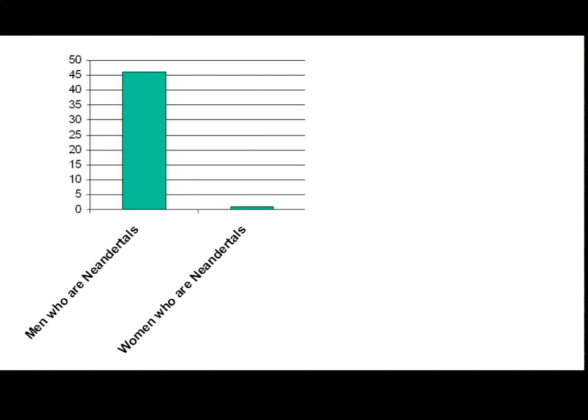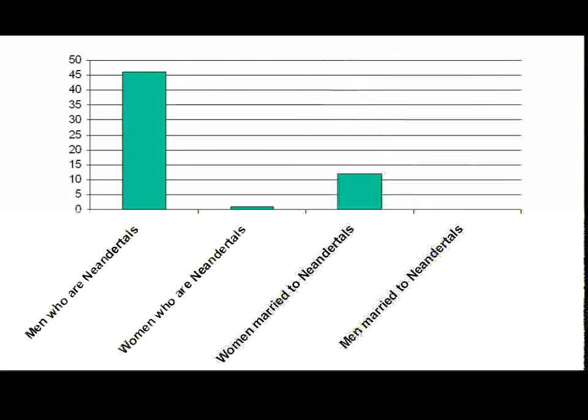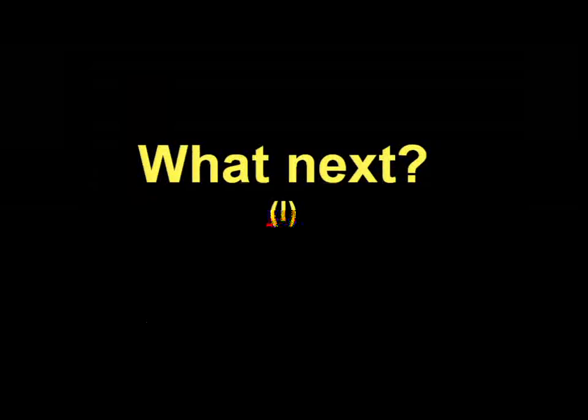It's very rare with Neanderthal women. And it actually seems that it's only Neanderthal men today that contribute genes to the next generation too, because if we look among the people who write to us and say that their spouse is Neanderthal, it's almost exclusively women that do that and no men that do so. So there are some interesting genetic patterns clearly going on here that I will not go further into.